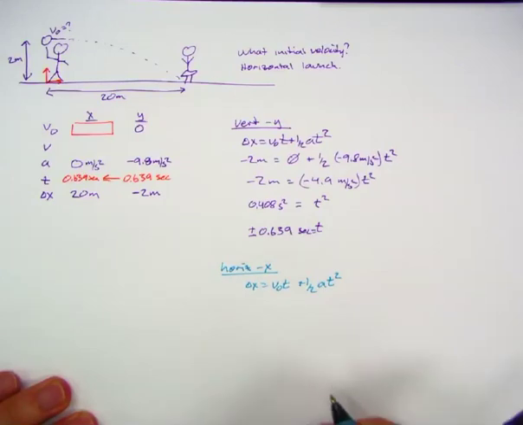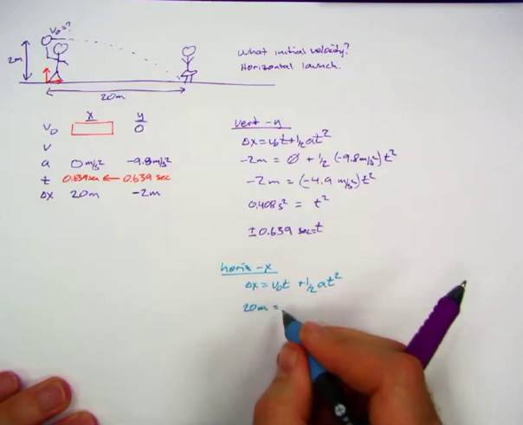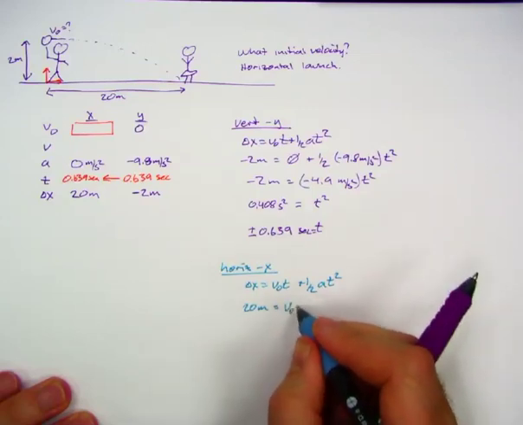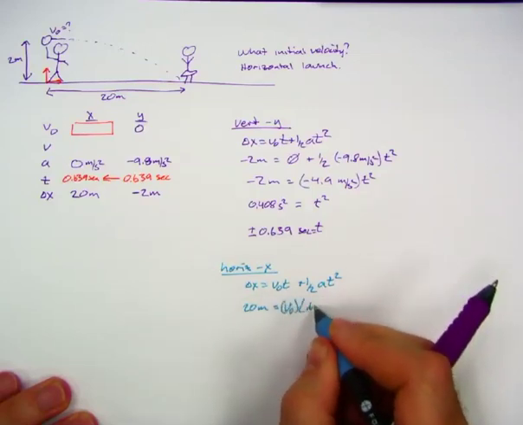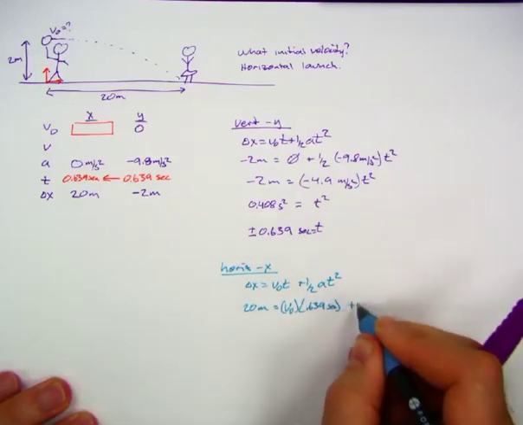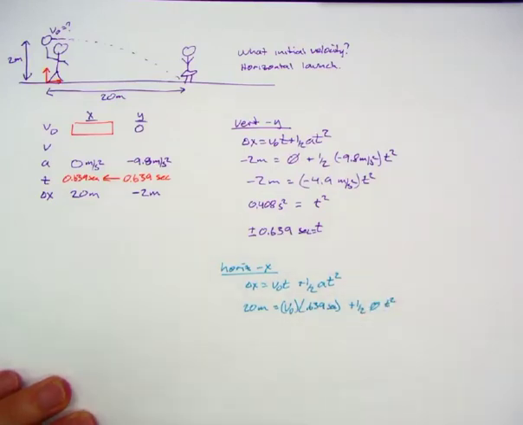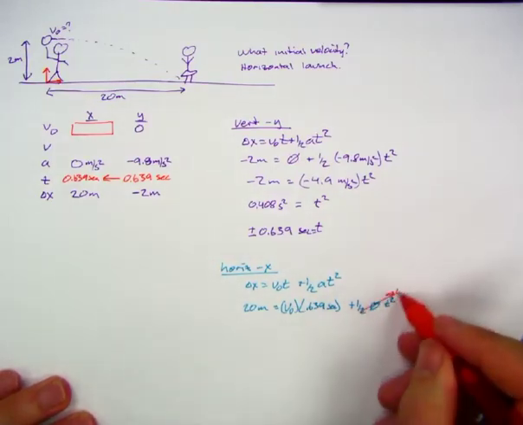In this case, delta x is 20 meters, which is equal to v0 times 0.639 seconds plus 1/2 times acceleration, which is 0, times t squared. So this whole term goes to 0.